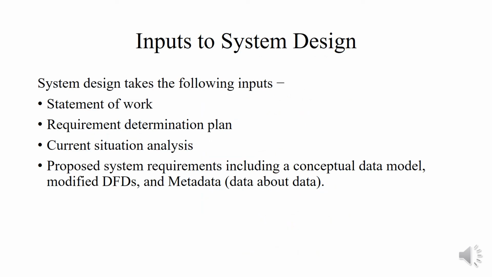Inputs to system design. There are four inputs: statement of work, requirement determination plan, current situation analysis, and proposed system requirements that include a conceptual data model, that is, a modified data flow diagram and metadata.